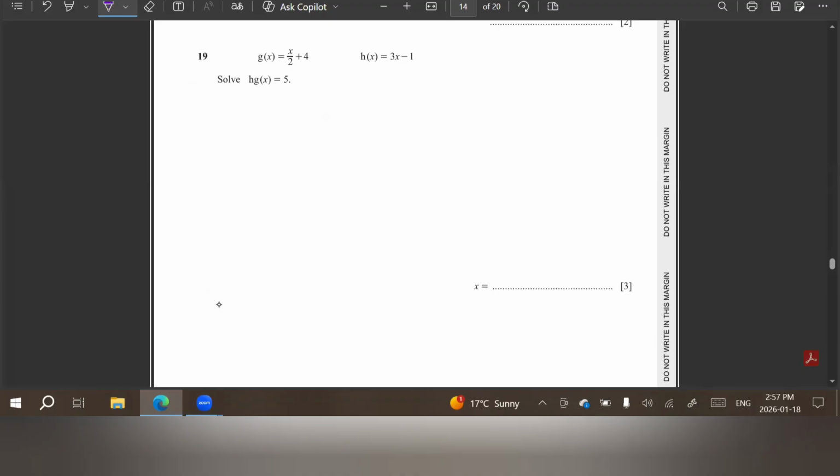So what you will do is take the formula for h, and wherever there is an x in this h formula, you will put this value.